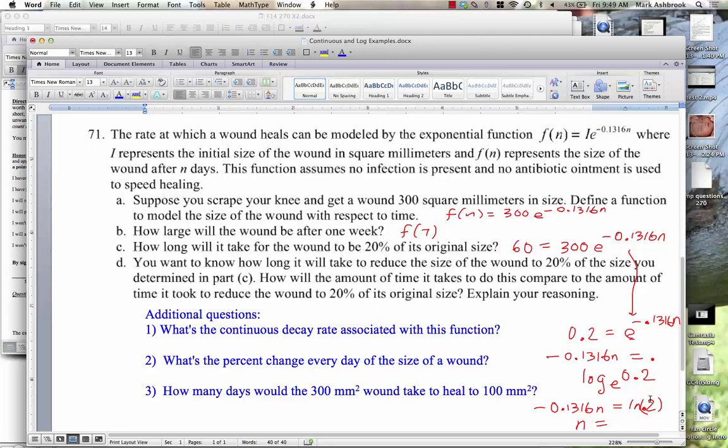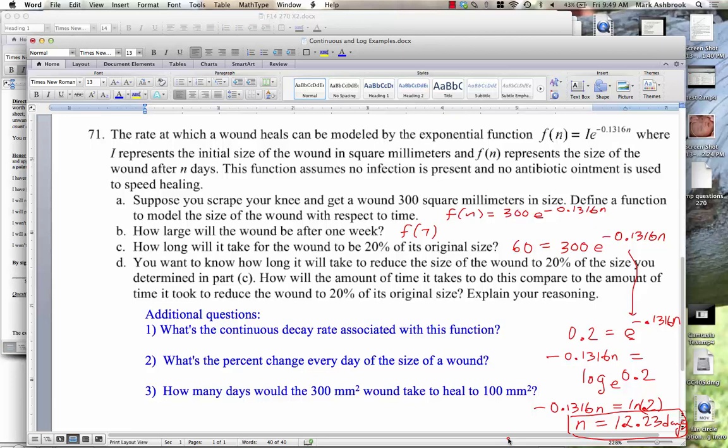Is there a mistake here? 12.23 days. That was painful. No, I didn't mean this was the last thing we were doing.